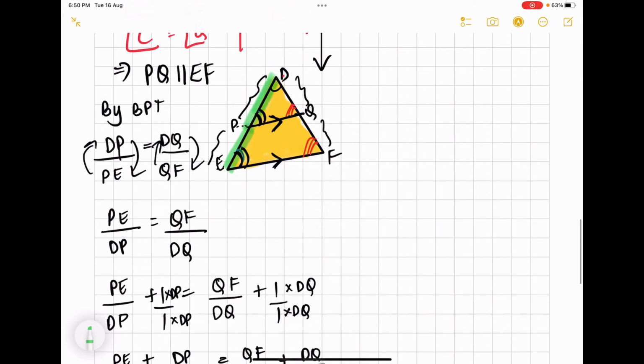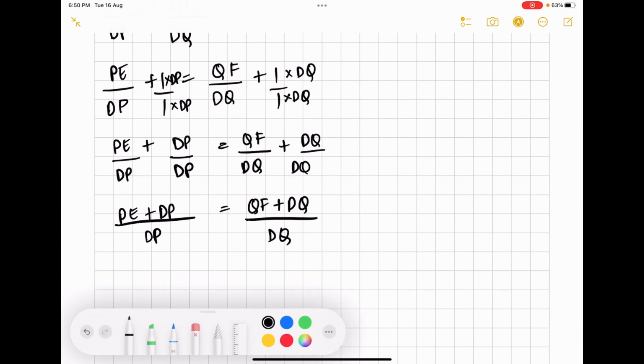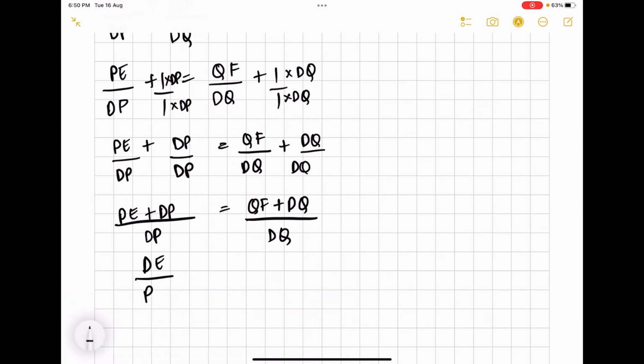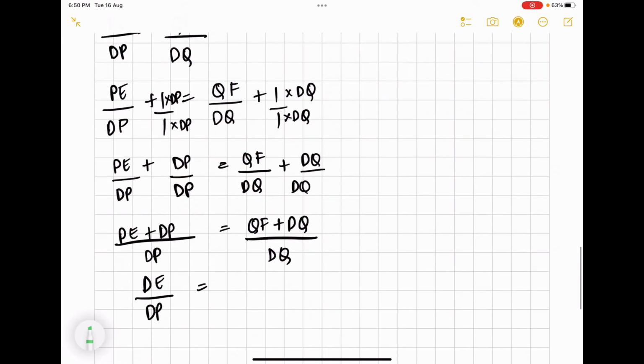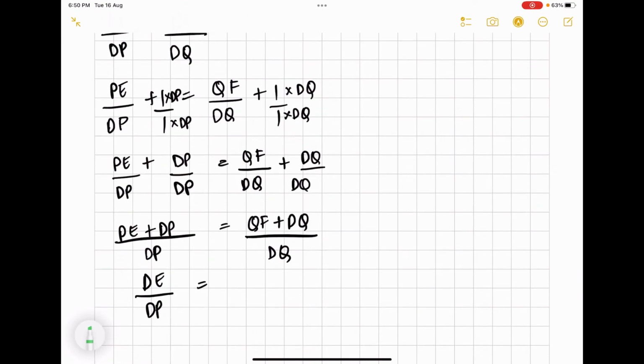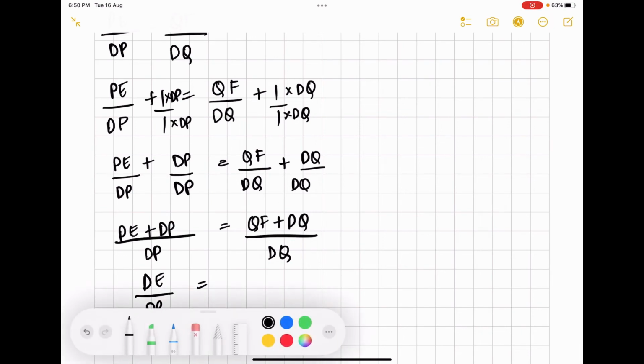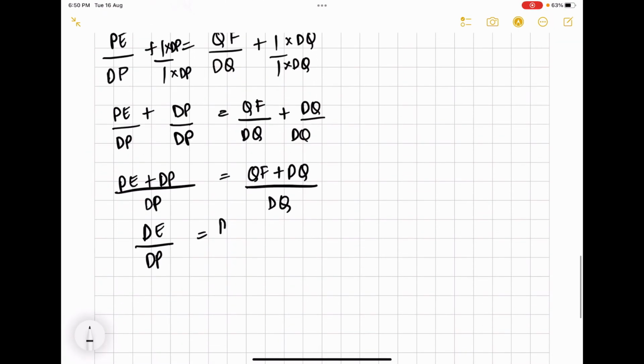So this entire green line, it is called DE. By DP, and we got DQ and plus QF. We have QF plus DQ, which is DF.